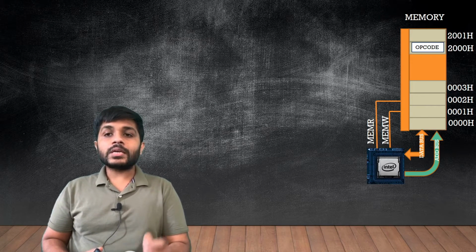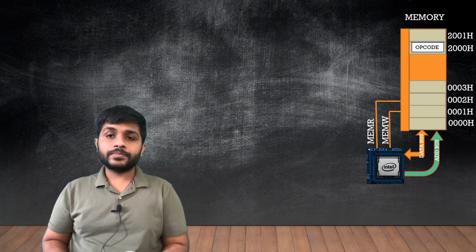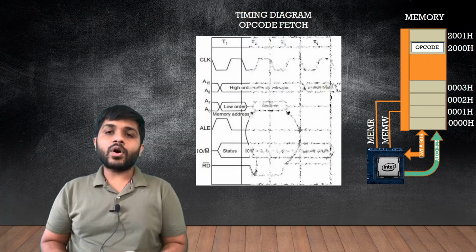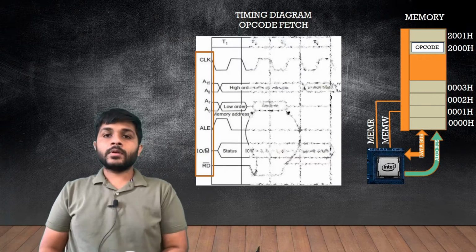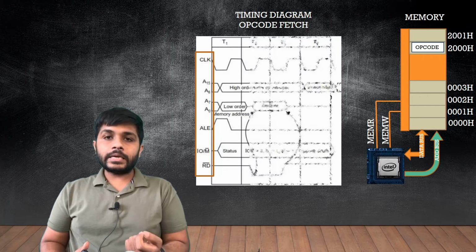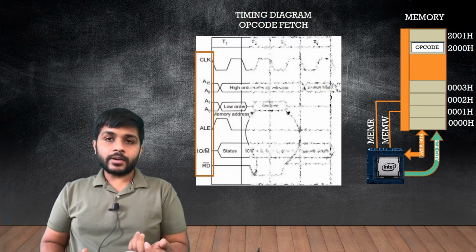Today we are going to see the timing diagram for the opcode fetch machine cycle. You can see on the screen, this is the timing diagram of the opcode fetch machine cycle. There are different signals such as clock, then A8 to A15, then A0 to A7, ALE, IO/M bar and read bar.